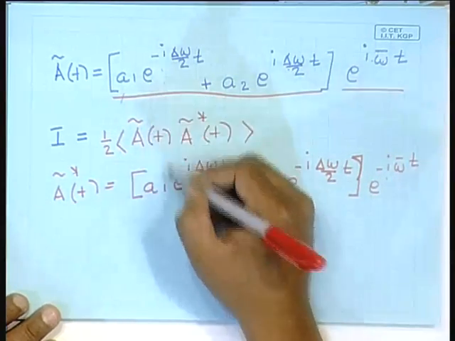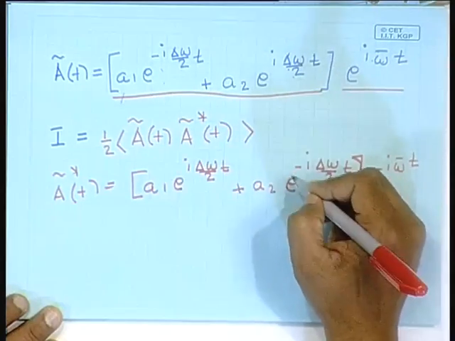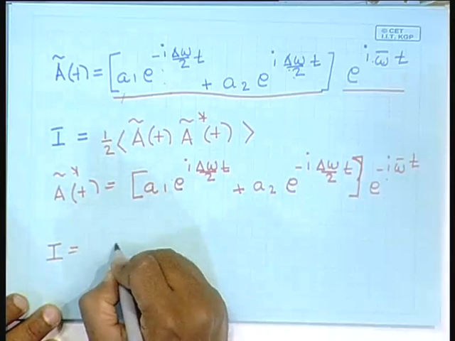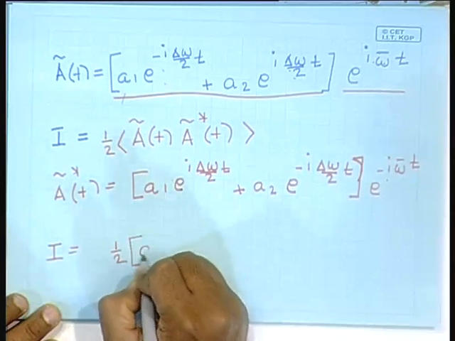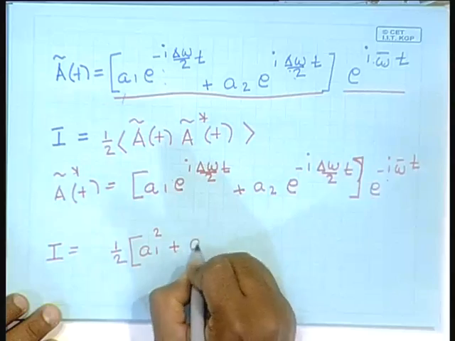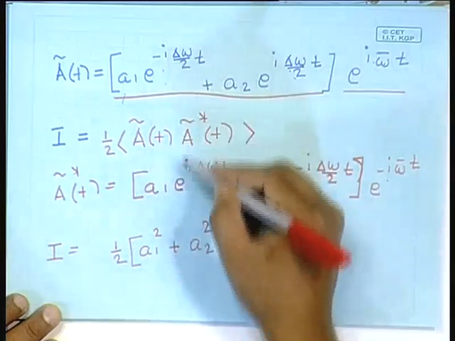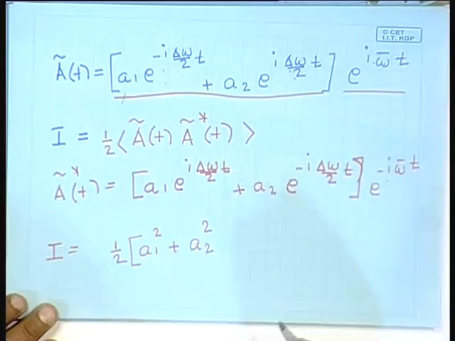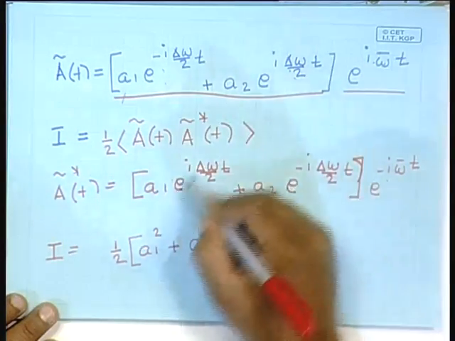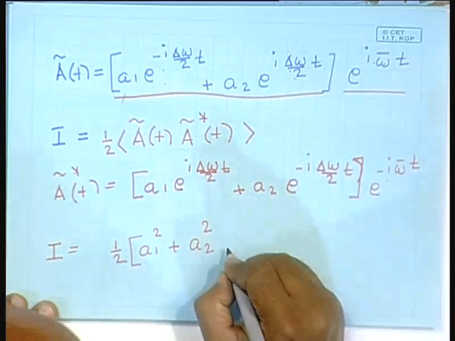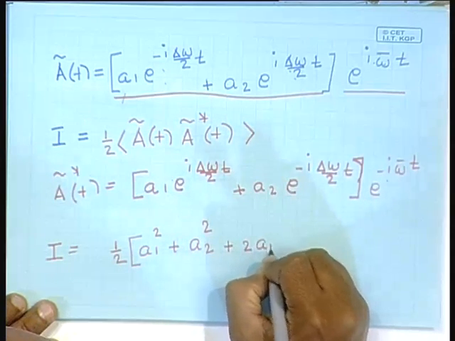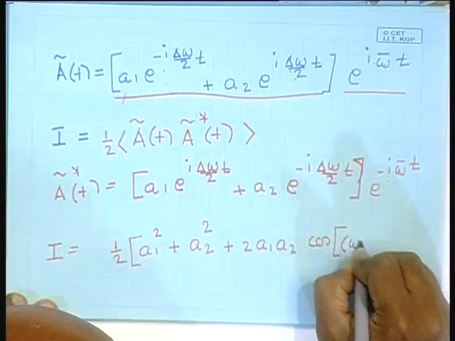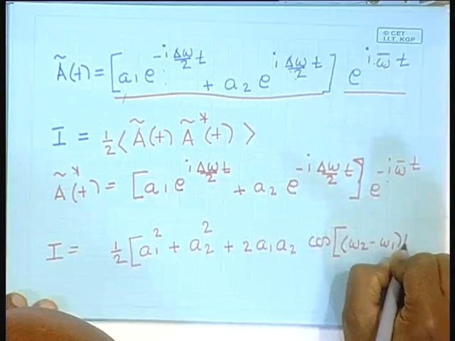So, this is going to be the intensity of the first wave plus the intensity of the second wave plus the cross terms. The intensity is going to be half of a1 square plus a2 square, and then the cross terms give a factor 2 a1 a2 cos (omega 2 minus omega 1) t.